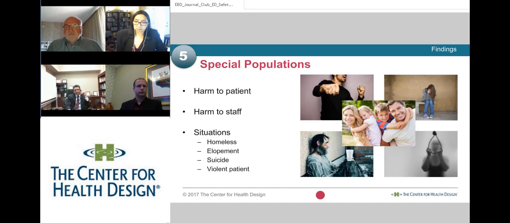And then the final area that we deal with as designers is the rooms for special populations. There are two big issues here. This population is such a challenge, unlike other people, that they can harm themselves, and that is what we don't want to happen, and they may also harm the staff.